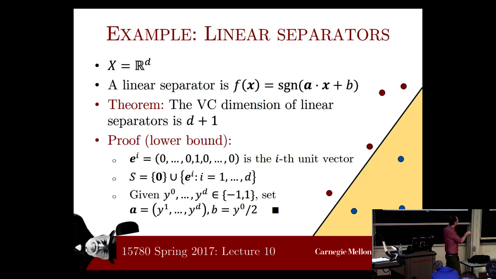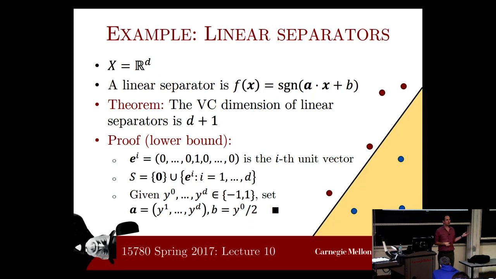Now, what about all of the ith unit vectors? When I multiply a by the ith unit vector, what I have left is yi. All of the others will be multiplied by 0. The only one that gets multiplied by 1 is yi. So the result of this is yi. And then I add y0 divided by 2.